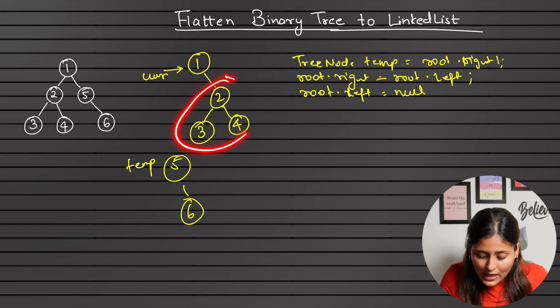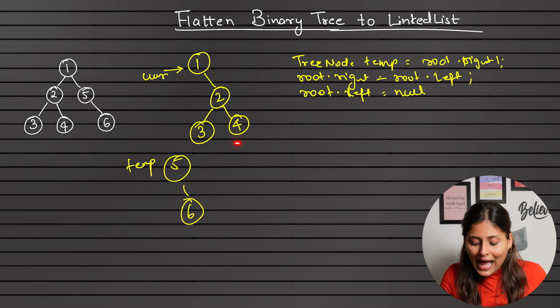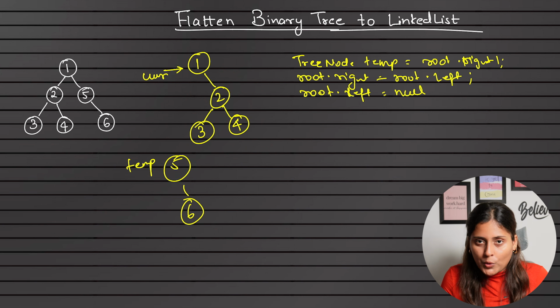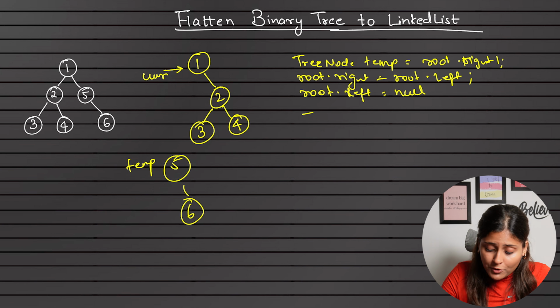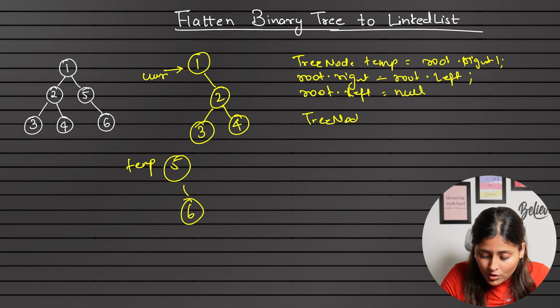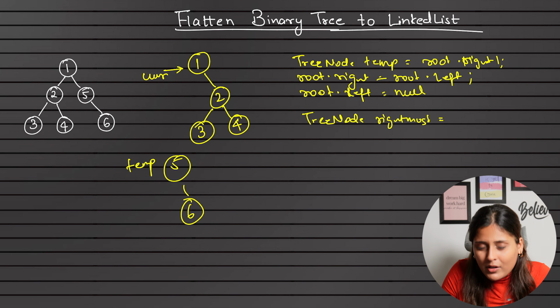Okay, so as we have to connect this temporary at the rightmost node, we have to get the rightmost node. So what we have to do: in a TreeNode type rightmost variable, we will call a function, let's say rightmost, and there we have to send what?